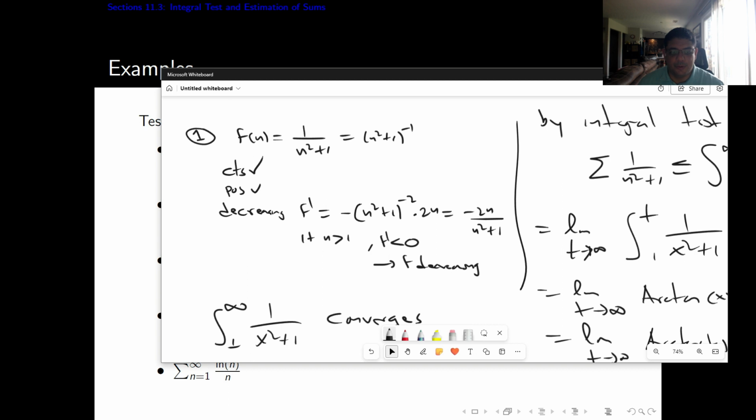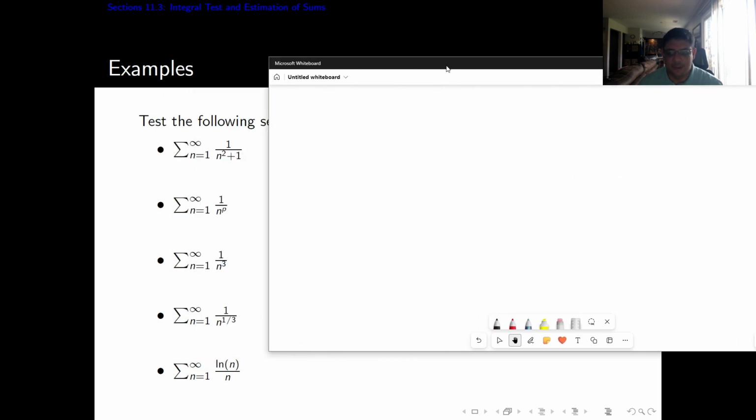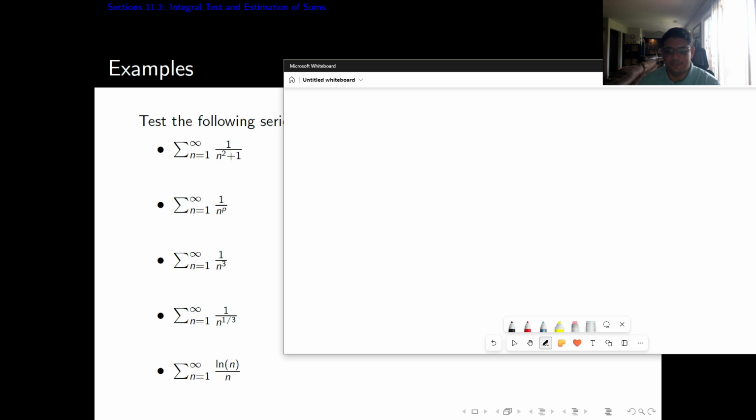Now let's do a couple more exercises here. So exercise number 2 is going to be 1 over n to the p. And so of course f of n is going to be 1 over n to the p, which we can clearly see is positive, and we can see that it's continuous.